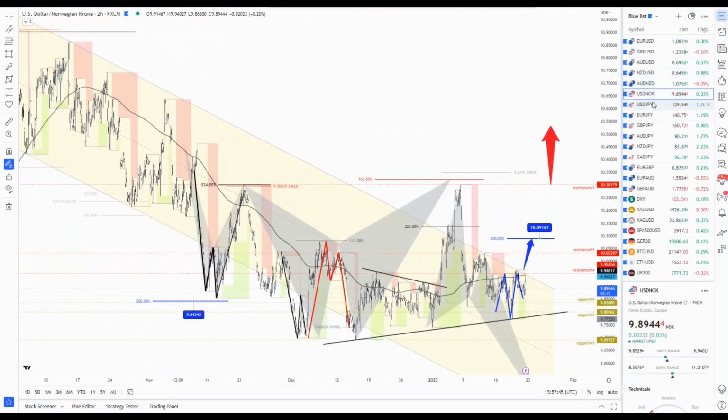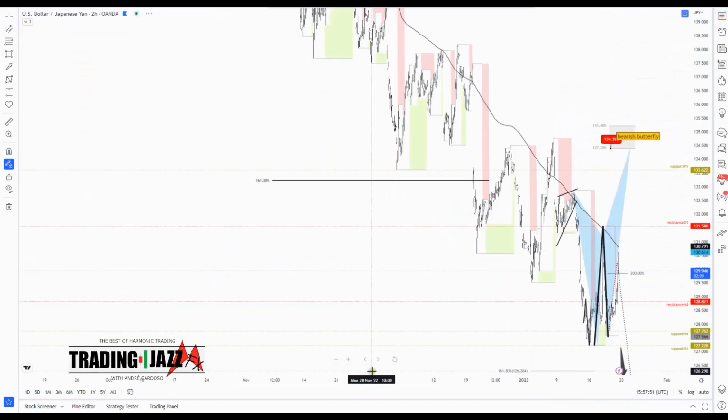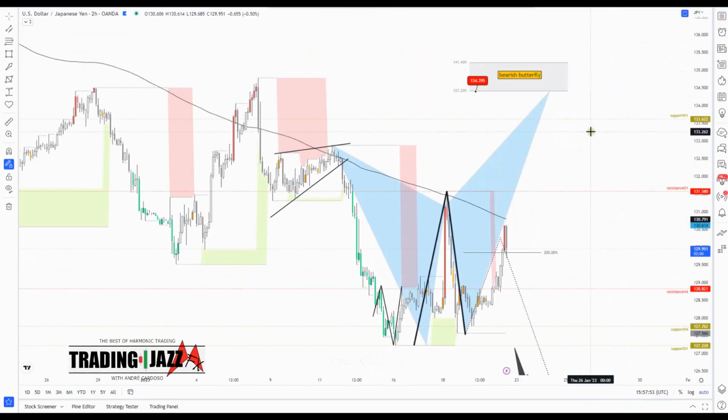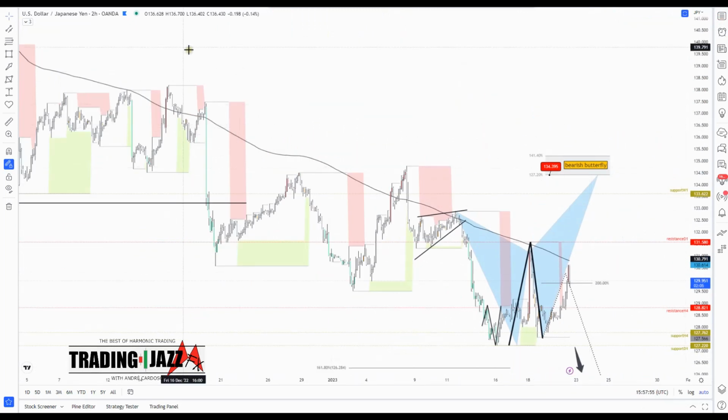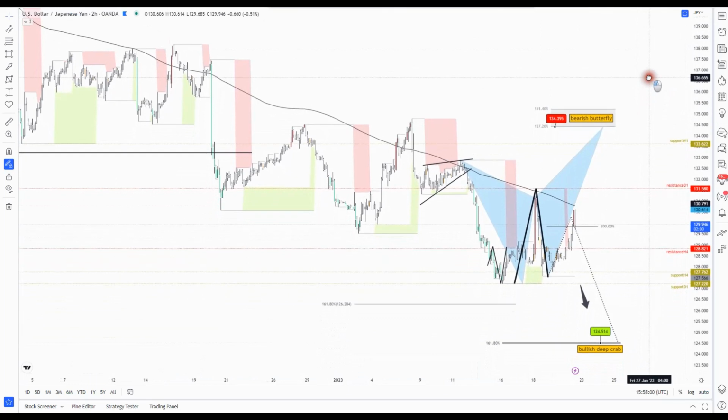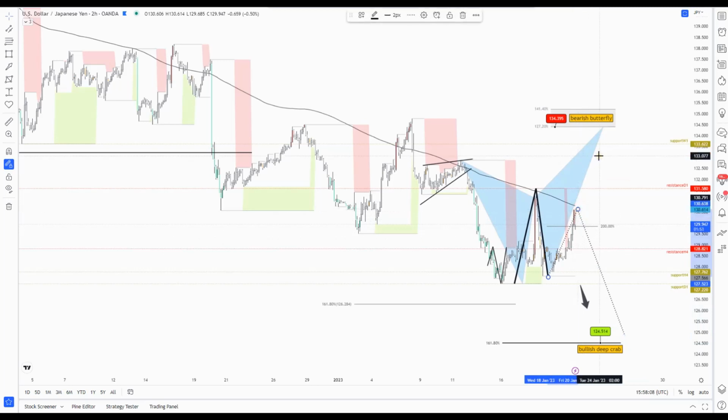And now let's enter those yen sequences, or these yen forex pairs, and let's pay attention to some of the patterns the market may form for us. Of course, we don't know what will happen. We just know what to do after the formation of a specific pattern.